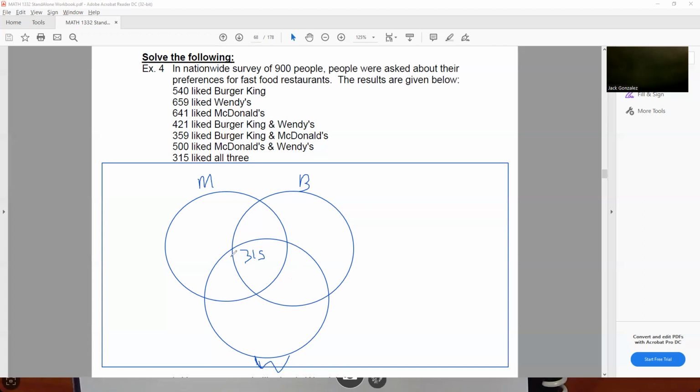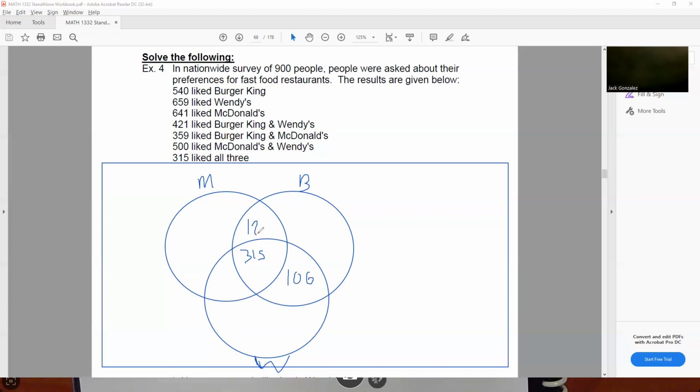So subtract. We got 315 like all 3, so we take 421 minus 315. 106. Now we got this piece. Then we could do McDonald's and Wendy's, 500. Minus 315 gives 185.